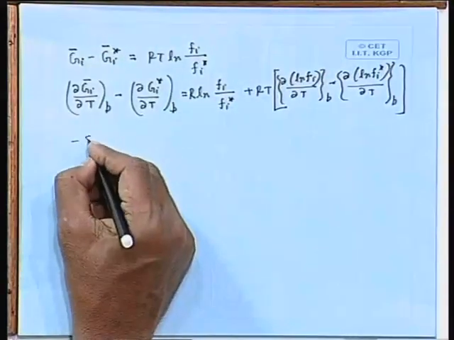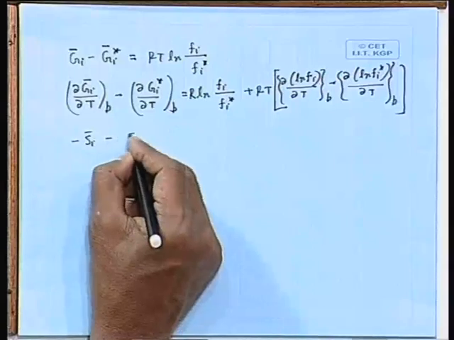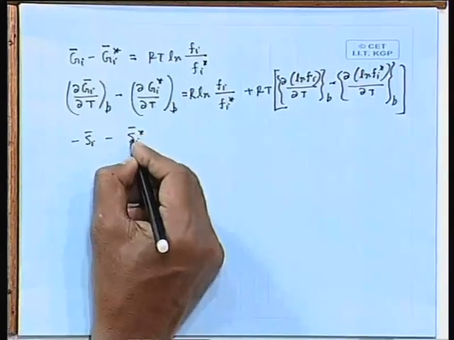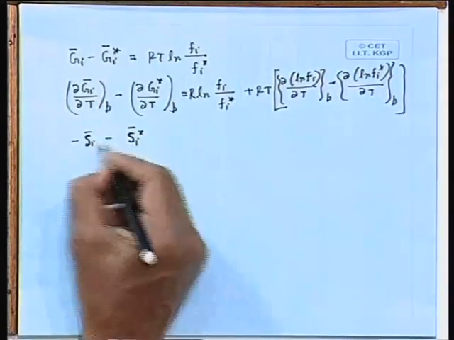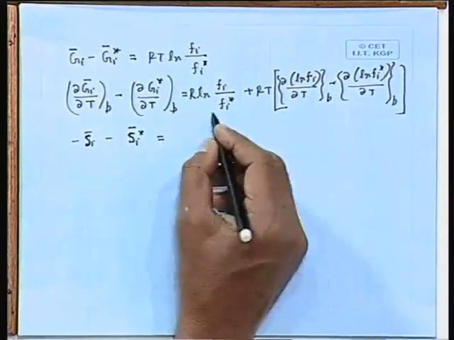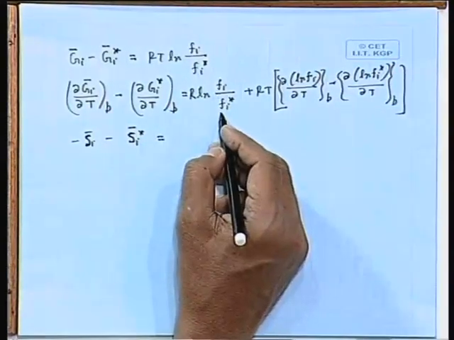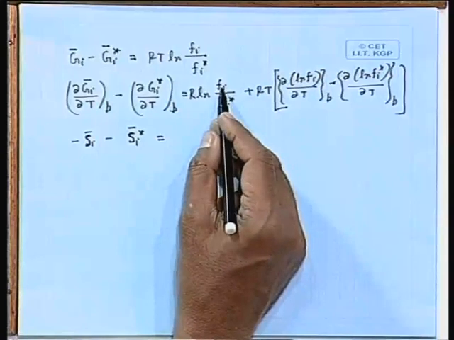So this will be minus Si bar minus Si star bar, that means minus the partial molar entropy at the reference state star, and this is equal to R ln Fi by Fi star. So what is that value of Fi by Fi star?